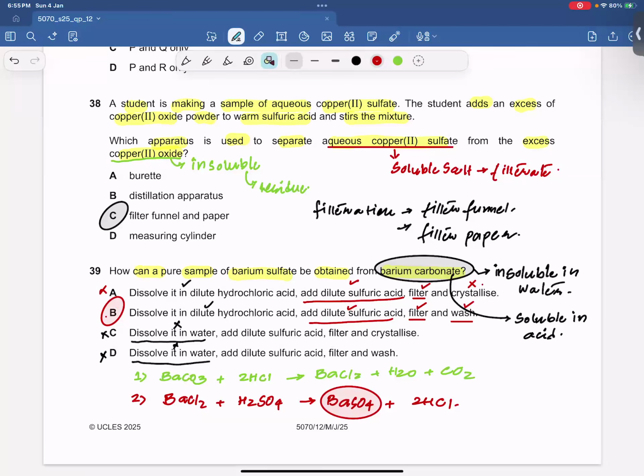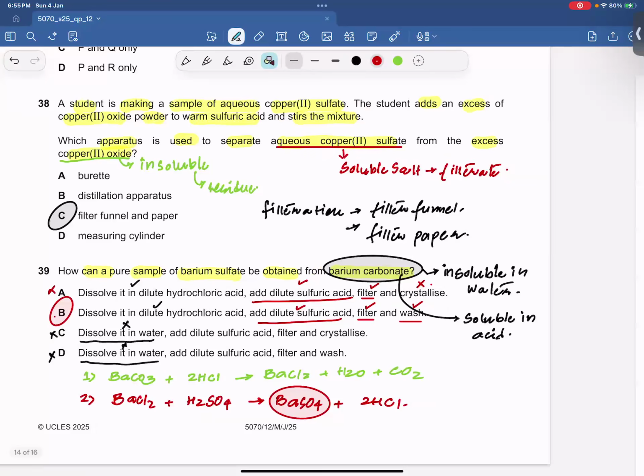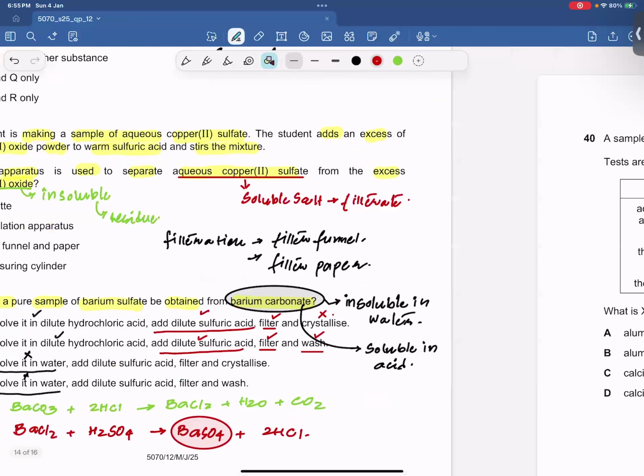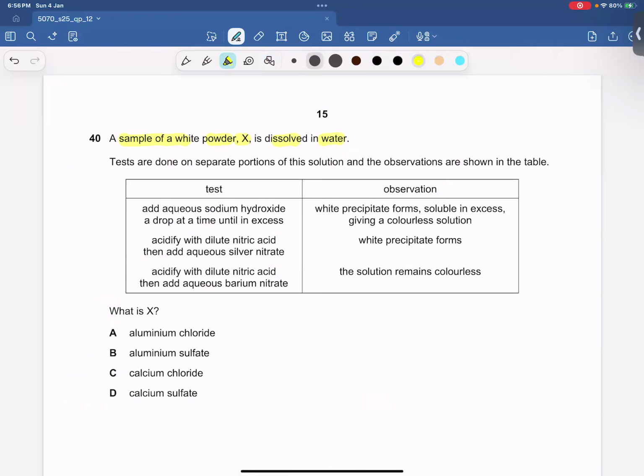Last question, that is 40. A sample of white powder X is dissolved in water. If the white powder is soluble in water, then this X doesn't contain a transition element. If it is a white powder, it is not a transition element.